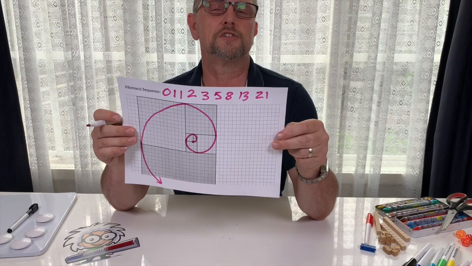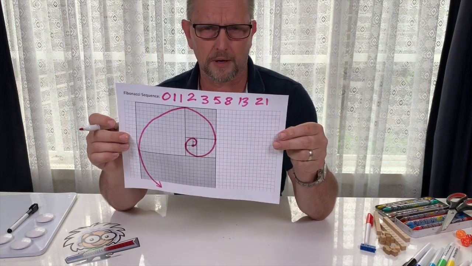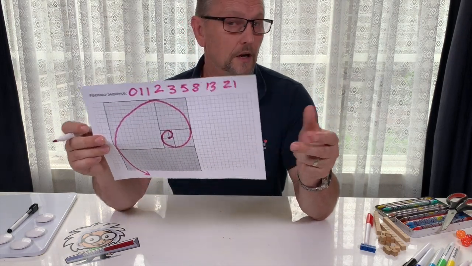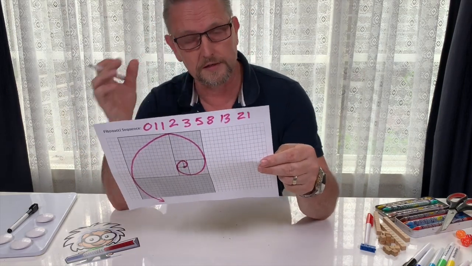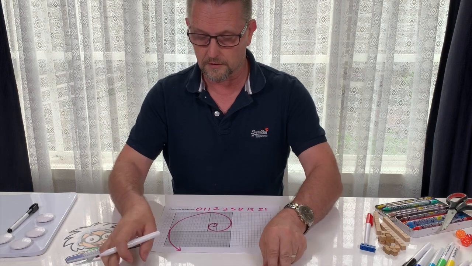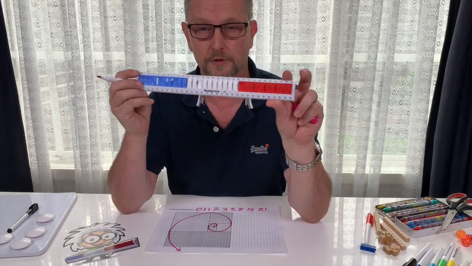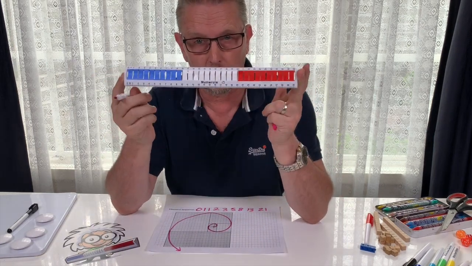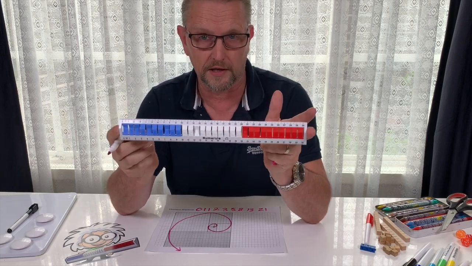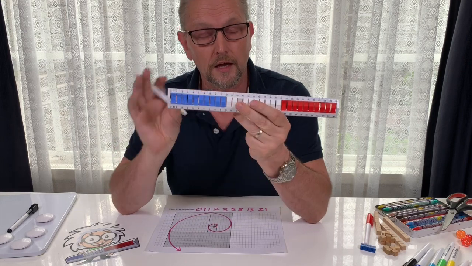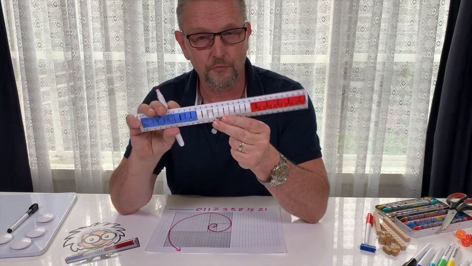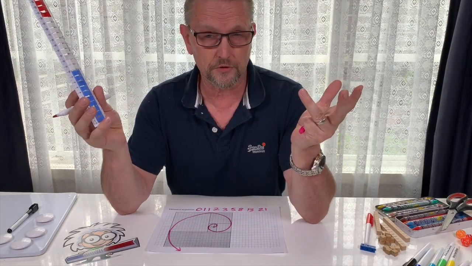This sequence is used in so many applications, and it's a great thing for the kids to discover and to muck around with and try and understand that concept. So there it is. There's the Fibonacci sequence with the numeral. Now, you can't tell me that that's not a complex thing that you can do with the kids, and it's easy to manipulate and easy for them to understand. So, Fibonacci sequence with the numeral.